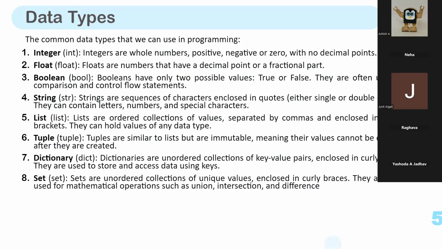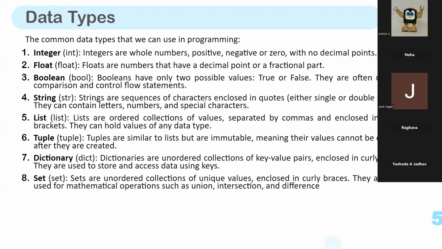Dictionary, we call it dict, D-I-C-T. Dictionaries are unordered collections of key-value pairs enclosed in curly braces. They are used to store and access data using keys. So we will use the keys in order to get the data. Set. Sets are unordered collections of unique values enclosed in curly braces.